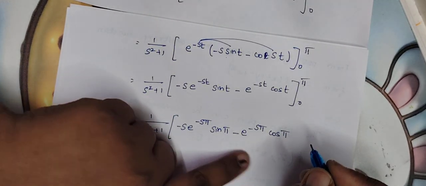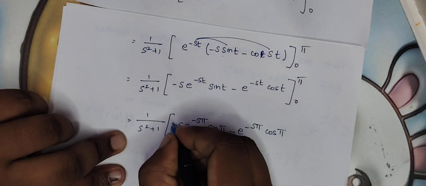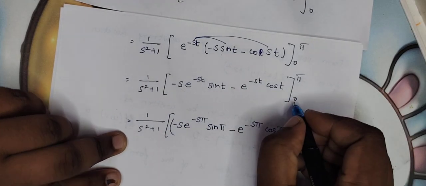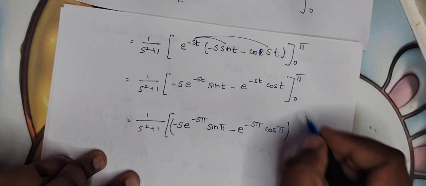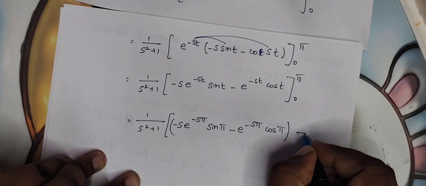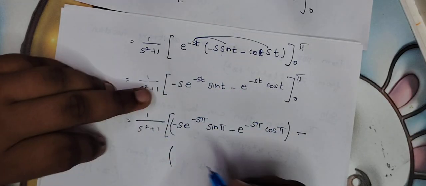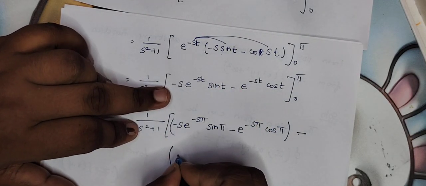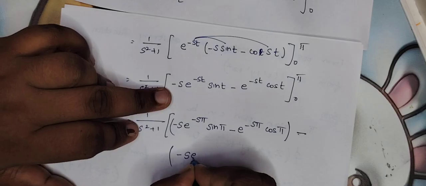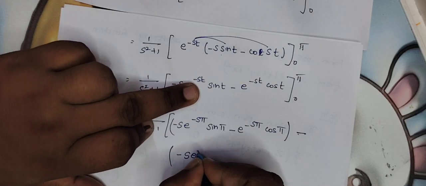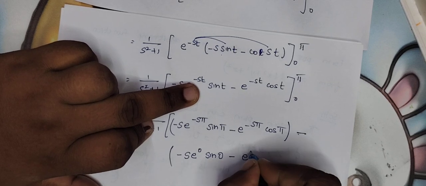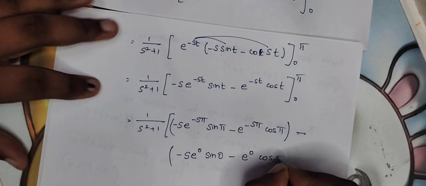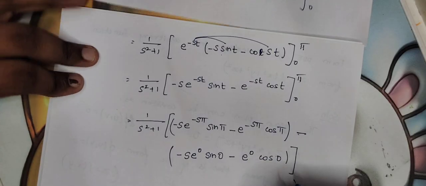So the upper limit pi I have substituted in place of t. Similarly, I have to substitute the lower limit 0 also in place of t. So I'll put minus here, and in place of t, I put the lower limit 0. I will get minus s e power minus s into 0 sin 0 minus e power 0 cos 0. Okay, this is the value I'll get.